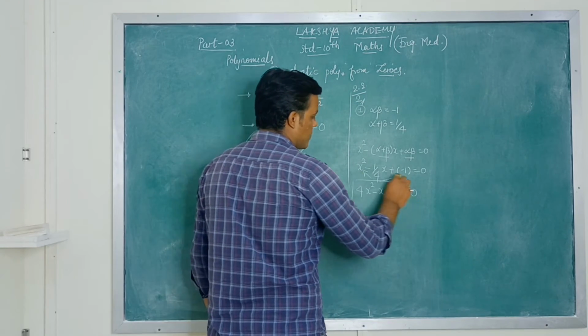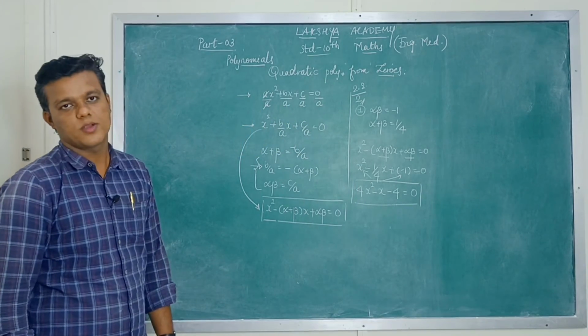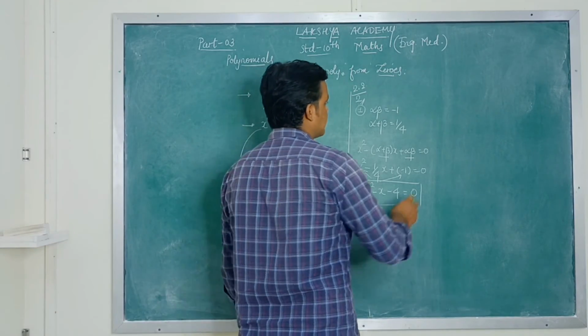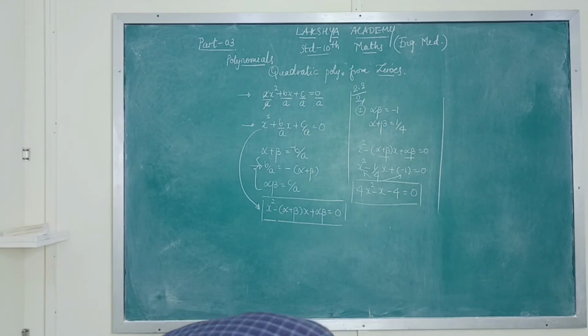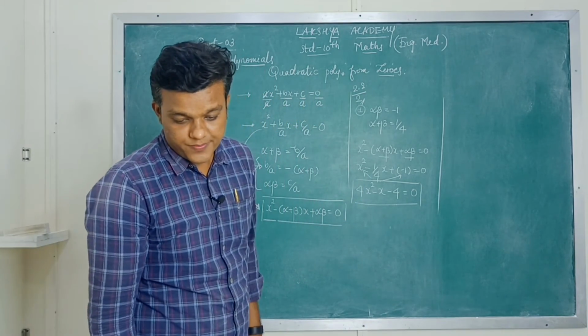So the equation will be 4x square minus x minus 4 equals 0.